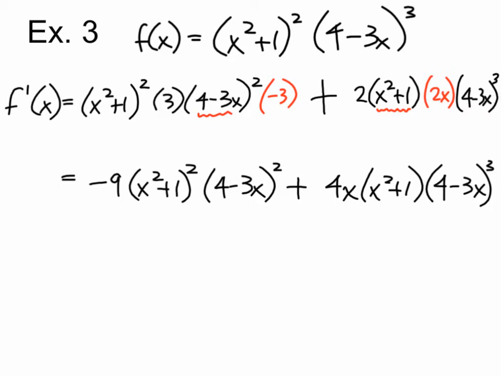And then what's inside the brackets follows. 2 times 2x gives me 4x in front, and what's inside the brackets just follows behind. You do not need to simplify it any further. So in this question, you can see that the chain rule was used with the product rule.